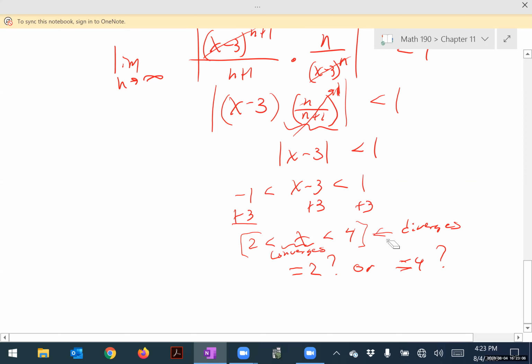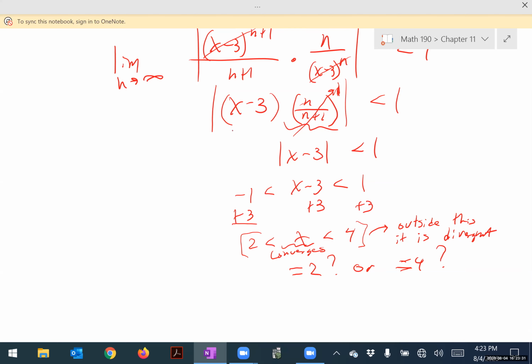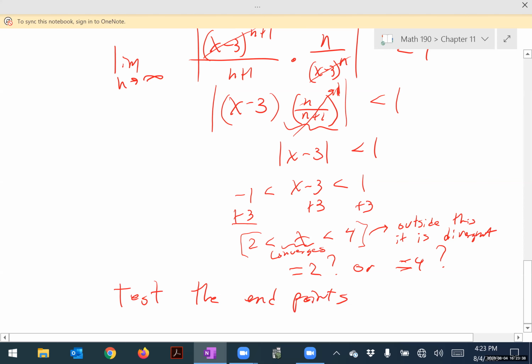So outside this, it diverges. But we don't know what 2 or 4 would be because that would be equal to 1. We don't know. So what we have to do is test the endpoints and see what happens.